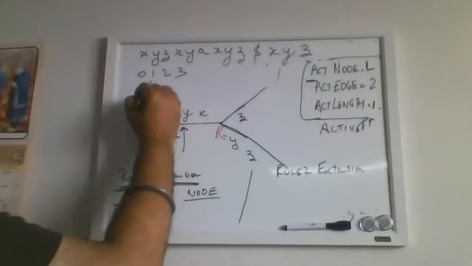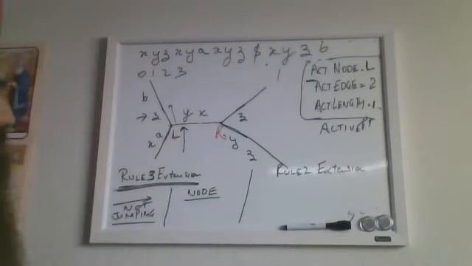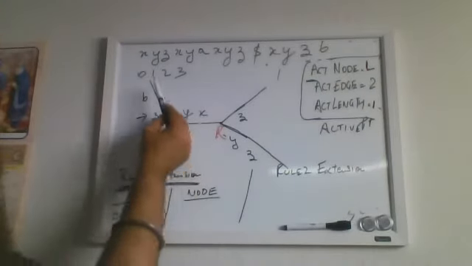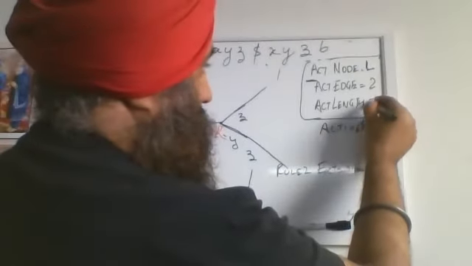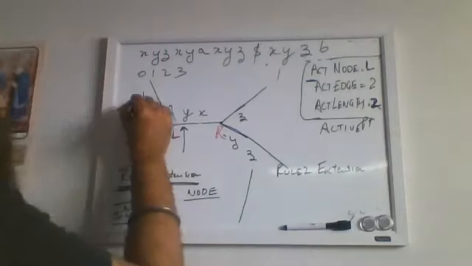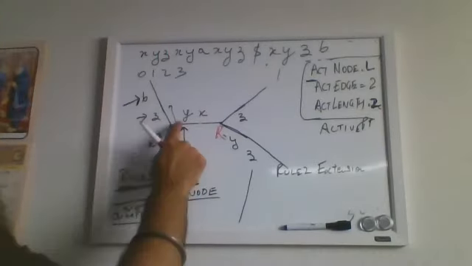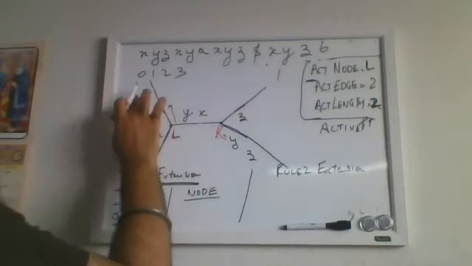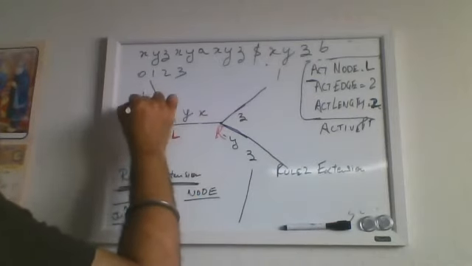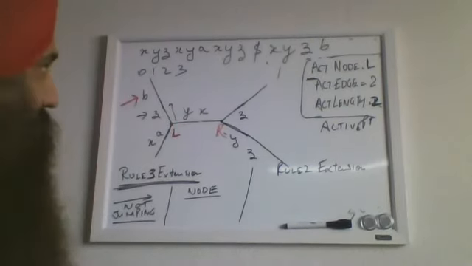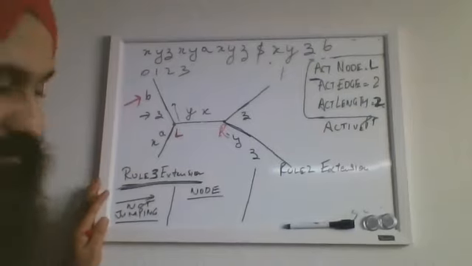Now suppose after it was b here, right? Now again you are moving on the same edge and you are not jumping a node, so your length will increment by 2. So this will become your new active point. So this is how the active point applies to rule 3.